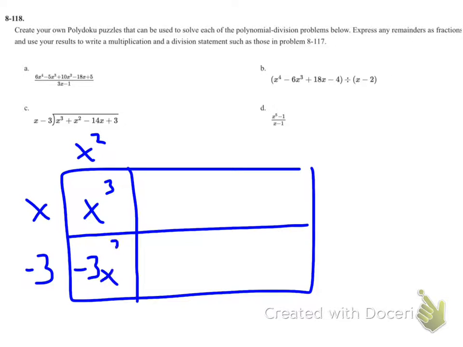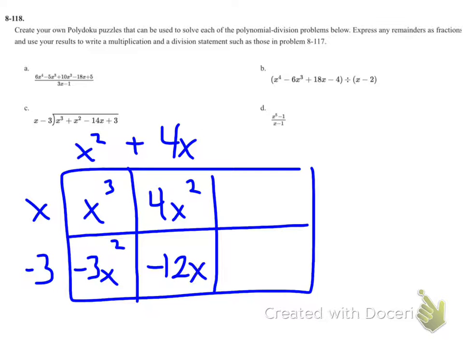Negative 3x squared goes here, adding up to positive x squared, so this has to be 4x squared. That puts a positive 4x on the top. Negative 12x goes here. They have to add to negative 14x, so it's a negative 2x.